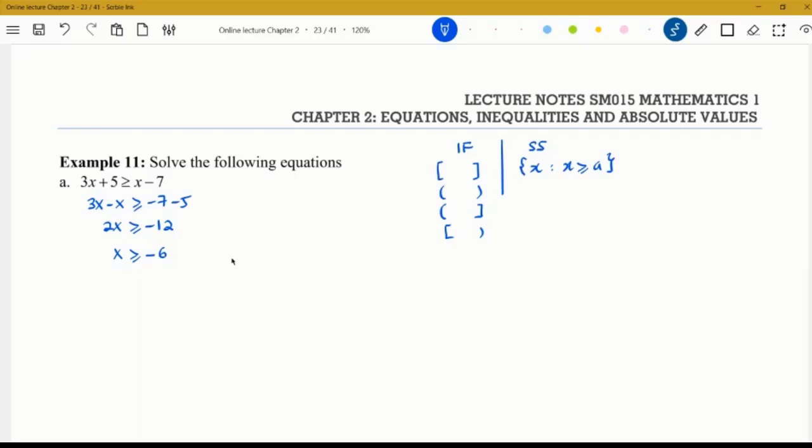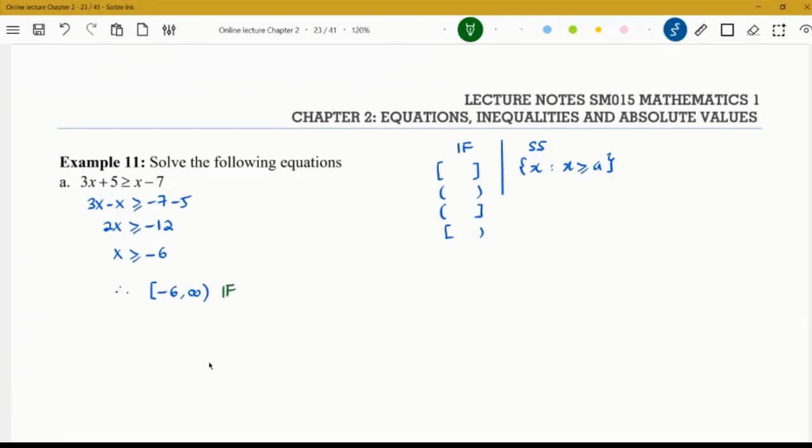Okay, so this one, your final answer, if you want to write in term of interval form, we can have negative 6 towards positive infinity, but then we have square bracket, open bracket. Ingat, infinity tak boleh ada square bracket. It always round bracket for the infinity. The same goes for the negative infinity. Okay, ini adalah interval form.